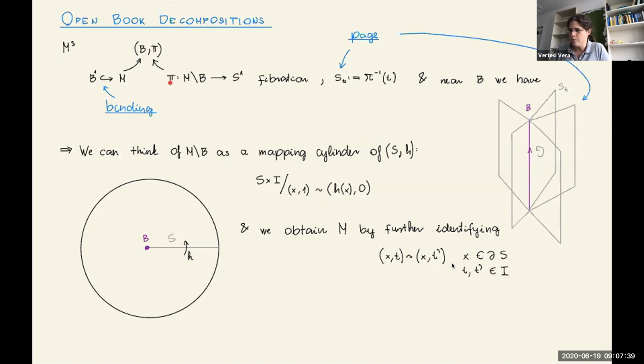So this pi is a fibration of the complement of the binding, and there is this extra condition that near the binding, this fibration has to look like the pages of an open book. So the fibration has to be theta in the neighborhood of the binding.